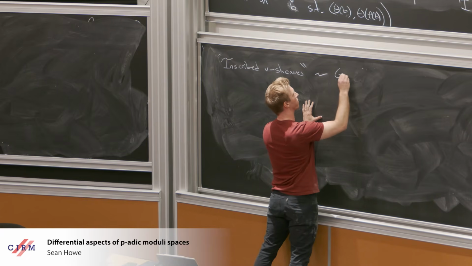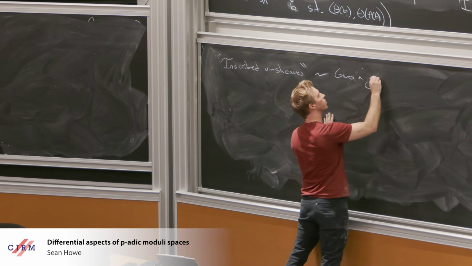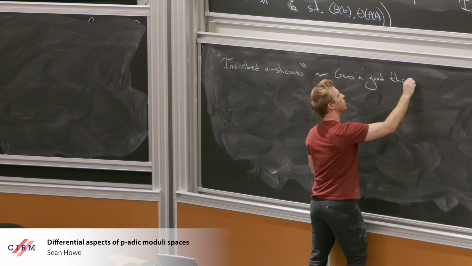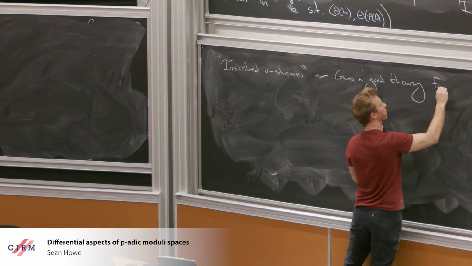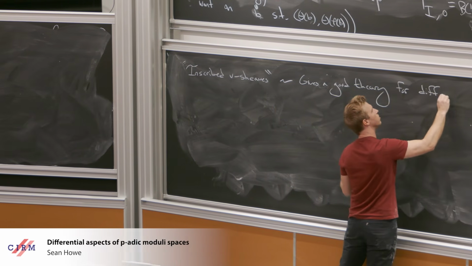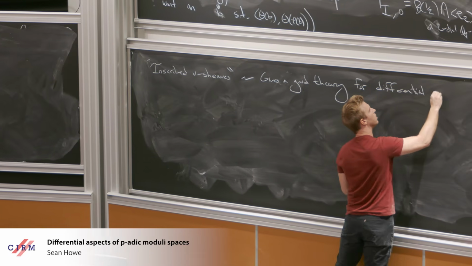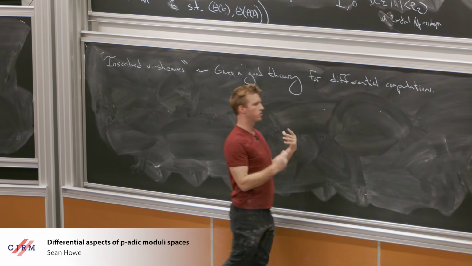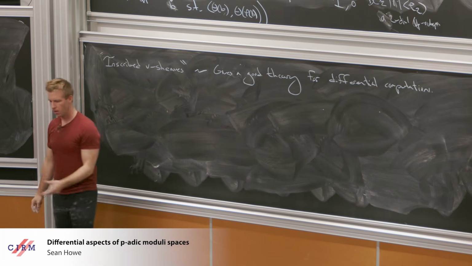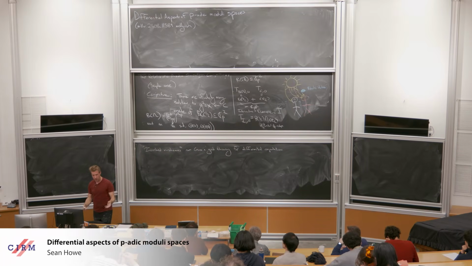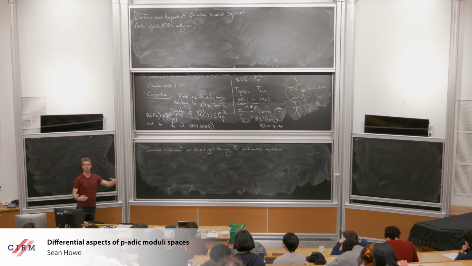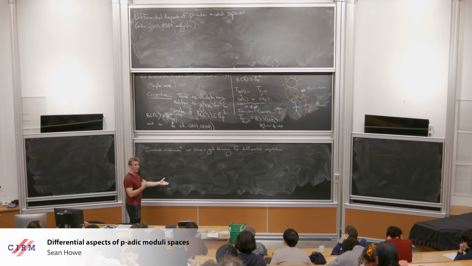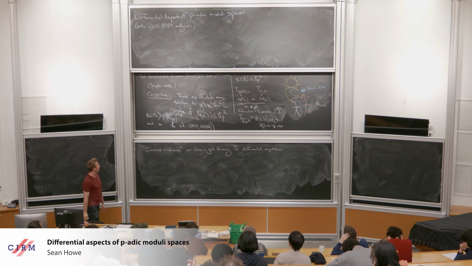This gives a good theory for differential computations, especially for p-adic moduli spaces that maybe don't exist in another world where you know how to make differential computations. If something is just a perfectoid space, there's not much you can do with it differentially. If something's just a diamond, this is even worse.